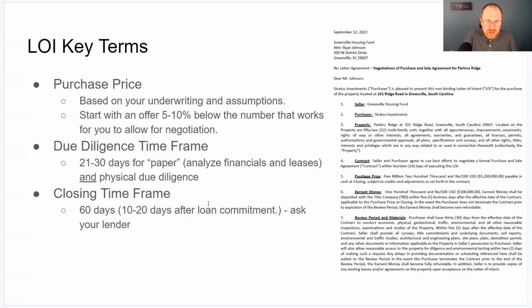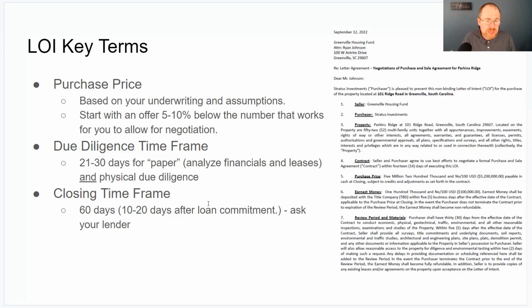And usually it's going to be between 10 and 20 days after the loan commitment, meaning that it's going to take about 45 days to obtain a loan commitment. The best is to ask your lender how much time they need. Just apply whatever they're telling you. They will tell you, we can do this, we can do that, and use that number for closing.